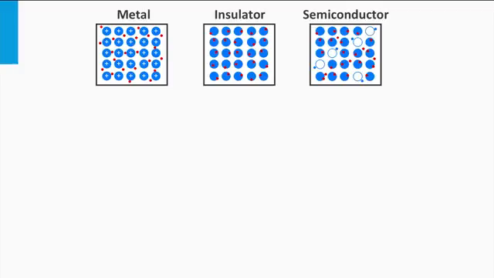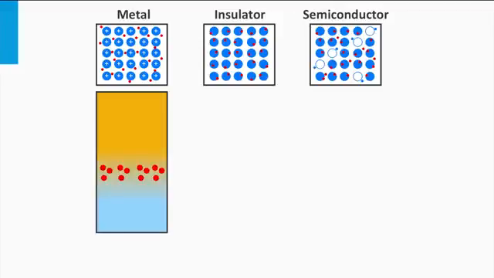The property of metals, insulators and semiconductors can easily be illustrated using the electronic band structure of a material. An electronic band reflects the potential energy levels an electron could occupy in the material. Metals have a broad electronic band which is not fully filled with electrons.